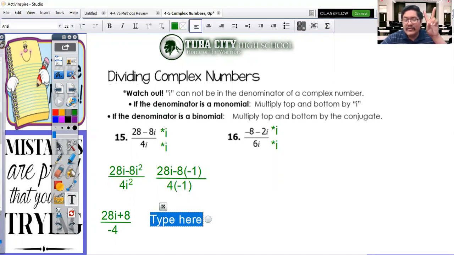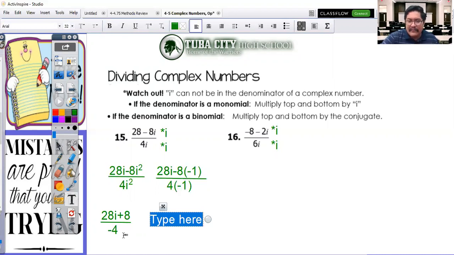So I'm actually going to do two things here. I need to divide 28i by 4 and 8 by -4. Well, both of them would be divided by -4. But I'm also going to switch where the i is. So remember, we want this to be in standard form, which means the regular number goes first. In this case, 8 is my regular number. So 8 divided by -4.